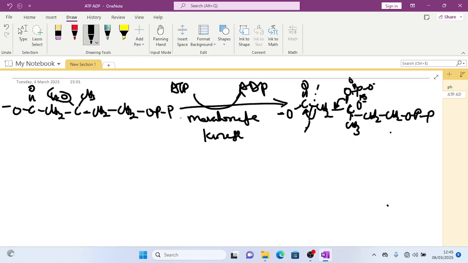Yeah, and you must understand that this next reaction here is catalyzed by an enzyme called what? It's the decarboxylase enzyme.